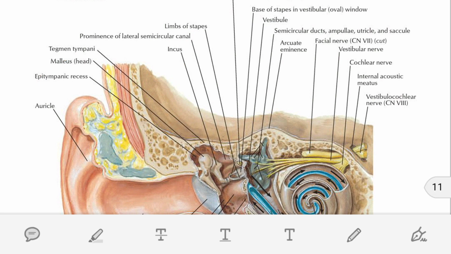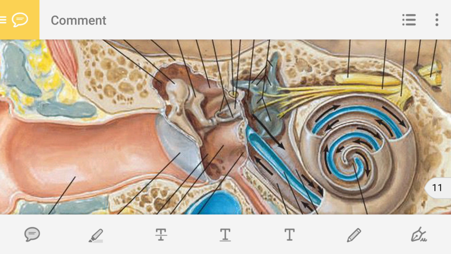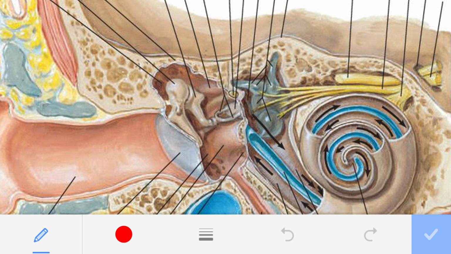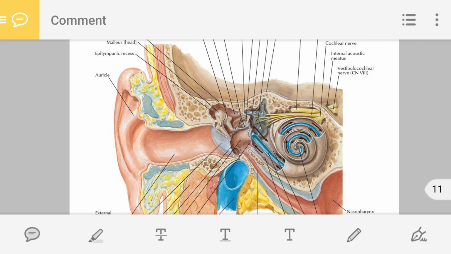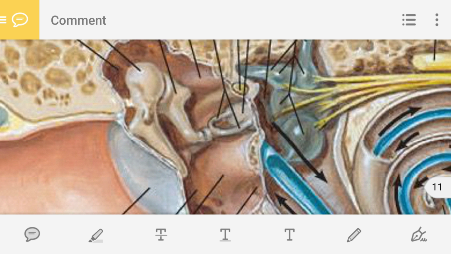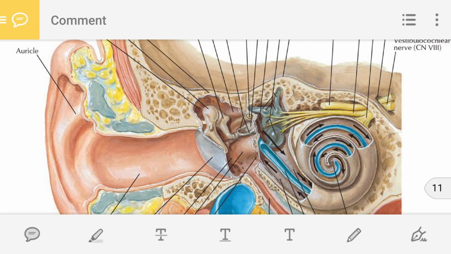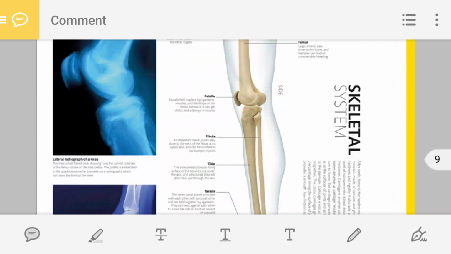On the left hand side and right hand side, we have two ears. So this is 1, 2, 3. If this is the right ear, then in the left ear also there are 3 bones. So 3 plus 3 makes the auditory ossicles, their number is 6. Once again, malleus, incus and stapes, and 3 plus 3, left and right ear. So we have 6 ear ossicles.